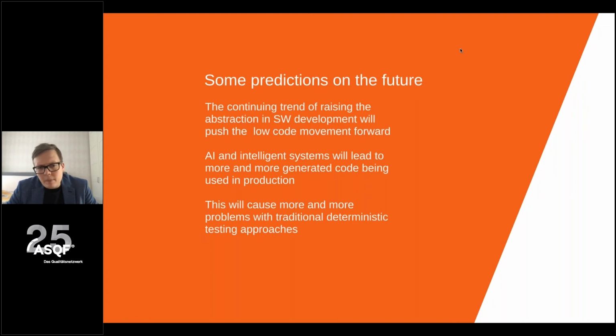And I think both of these trends will cause more and more problems with traditional deterministic testing approaches, where you always know what's going to happen in the code. Okay, you do not know if the test is going to pass or fail, but you're basically talking about deterministic testing. The test will either fail or pass.